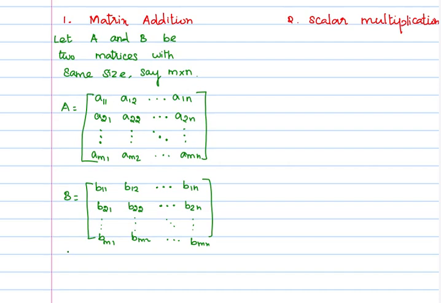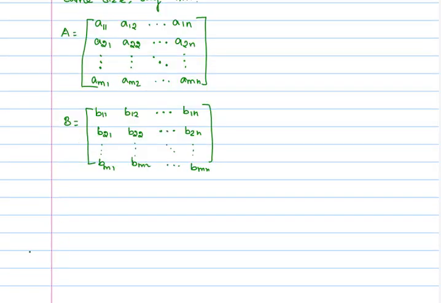Suppose these two matrices are both m by n. Now I want to find A plus B. The sum of the matrices A plus B is defined as A11 plus B11, that is, I am adding only corresponding elements. A12 plus B12 and so on, A1n plus B1n.